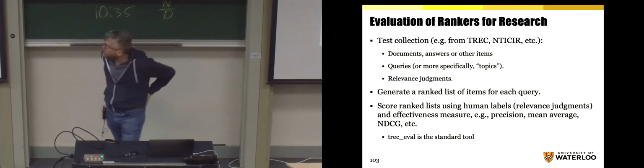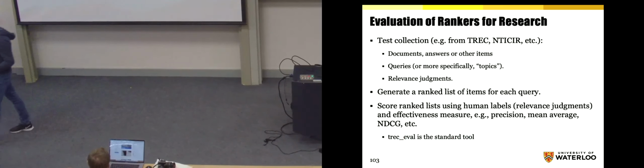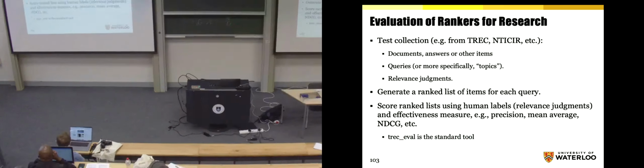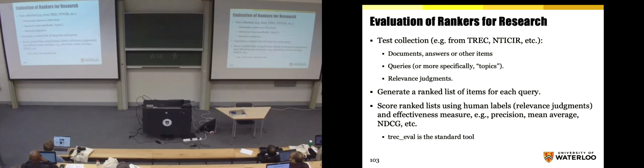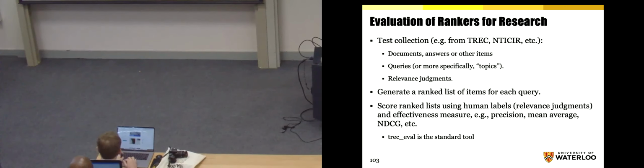So what we have in the world, if we're doing research on how to build better rankers, are test collections: documents, answers, other items that are going to be ranked, a bunch of queries, and a bunch of relevance assessments. We generate a rank list for each query. You'll do this in the lab.